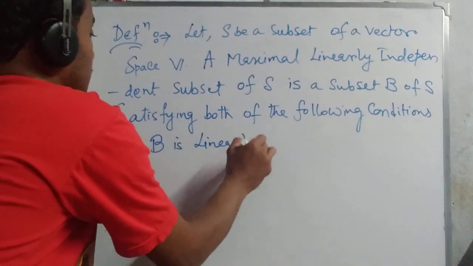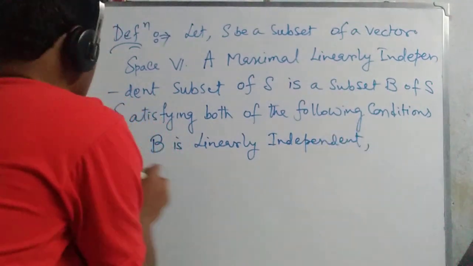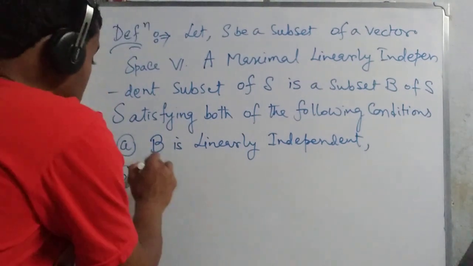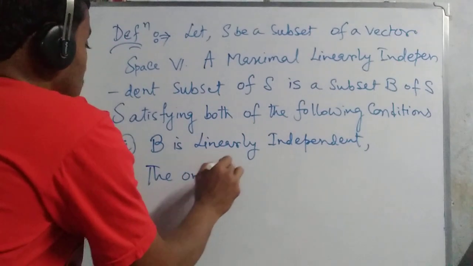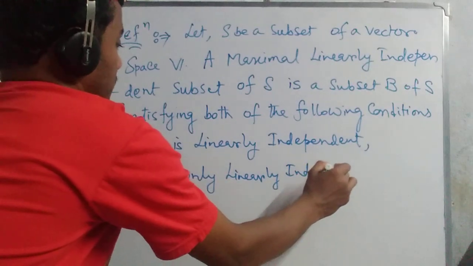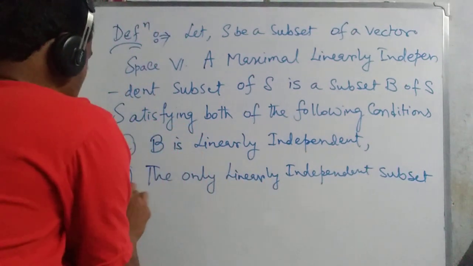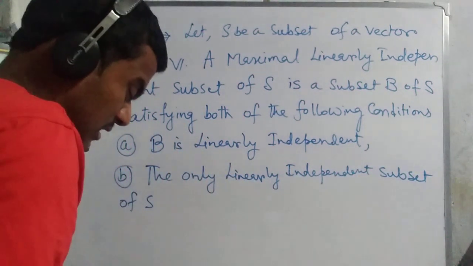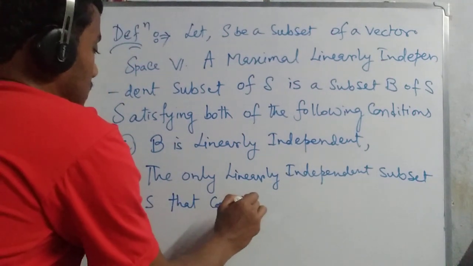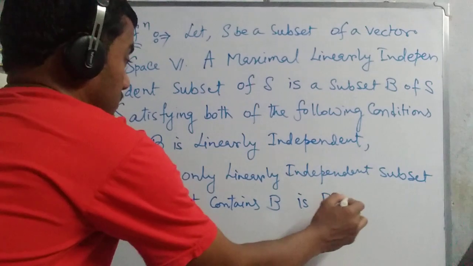And second one, the only linearly independent subset of S that contains B is B itself.